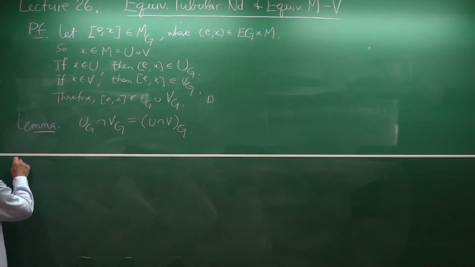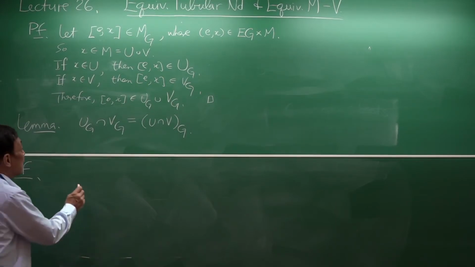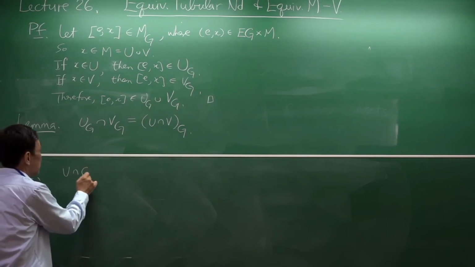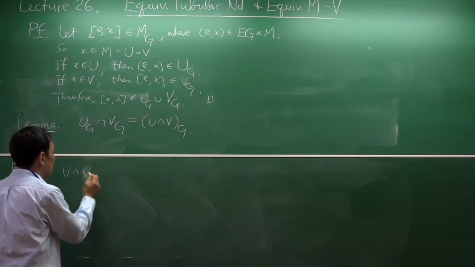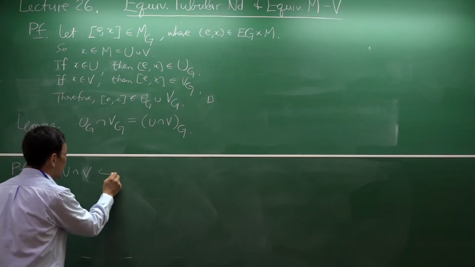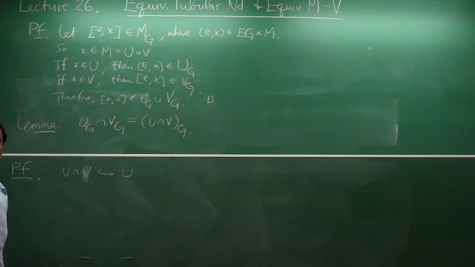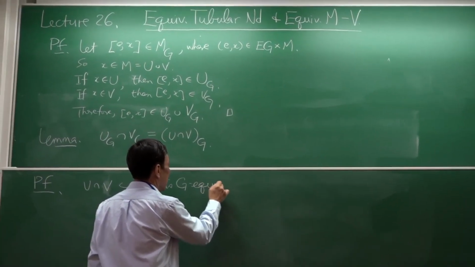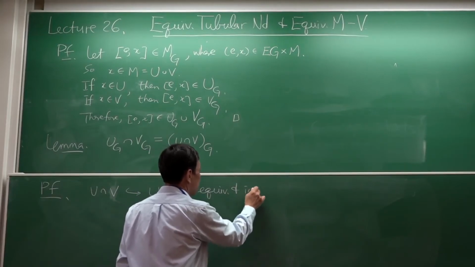Let's try to prove this. What is obvious? U intersect V is contained in U, and this is G-equivariant and injective.